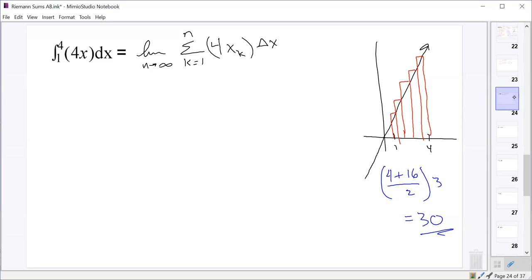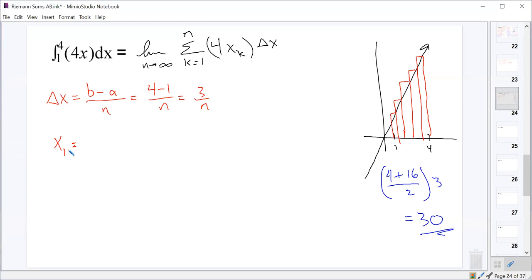Okay. So now let's figure out what delta x is. Delta x is always equal to b minus a over n, which in this case is 4 minus 1 over n, or 3 over n. And then we need to figure out what x sub k is, which can easily be found by starting with x sub 1 and looking for a pattern.